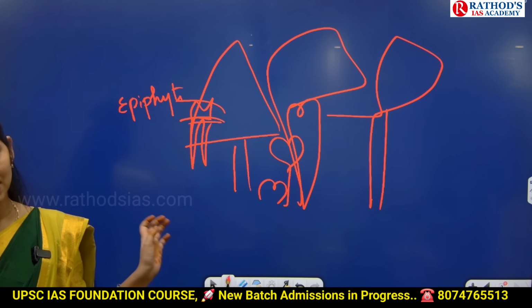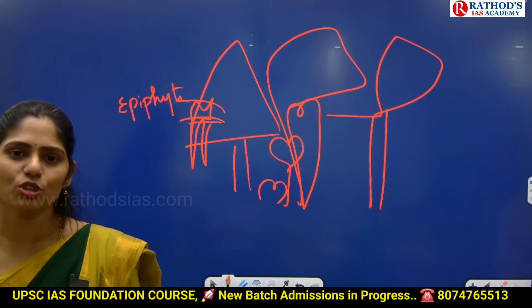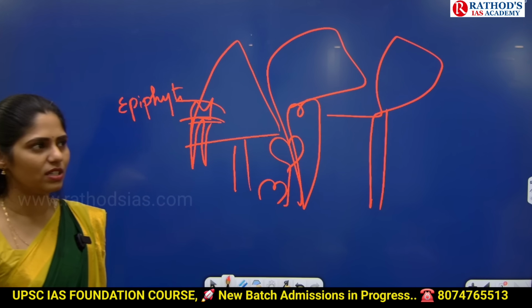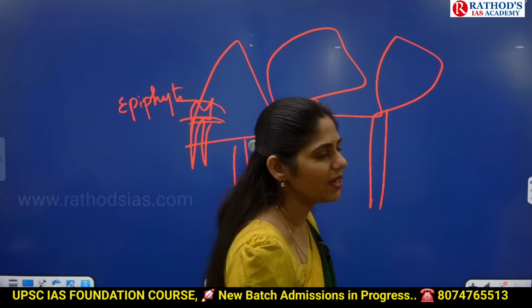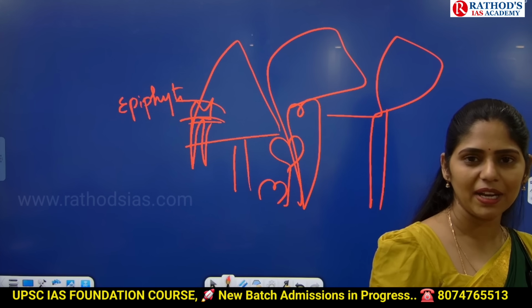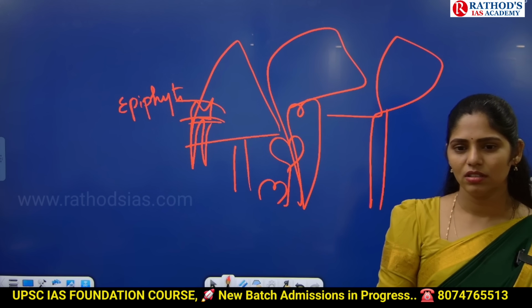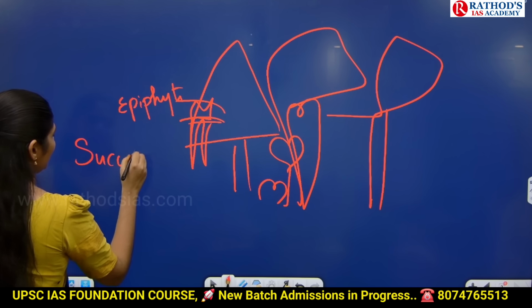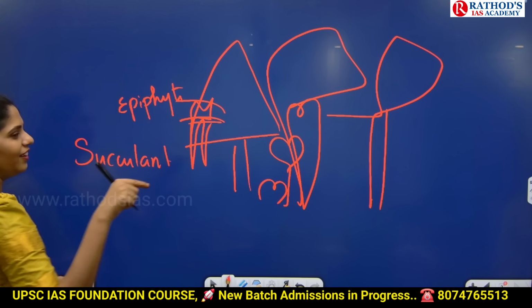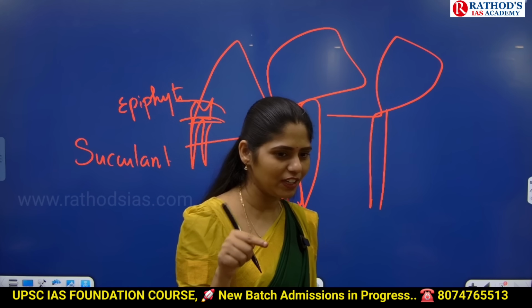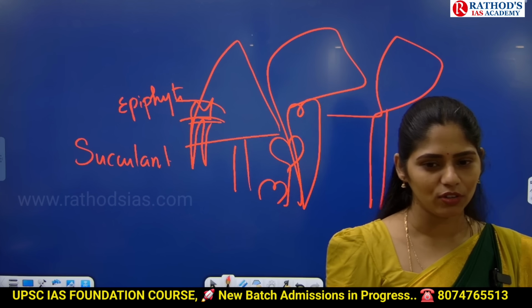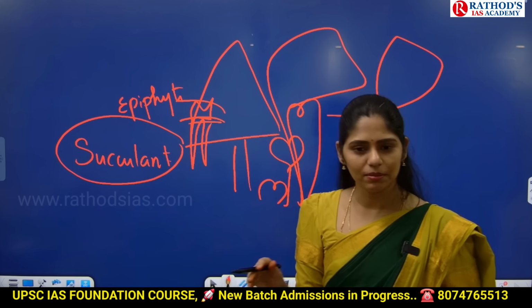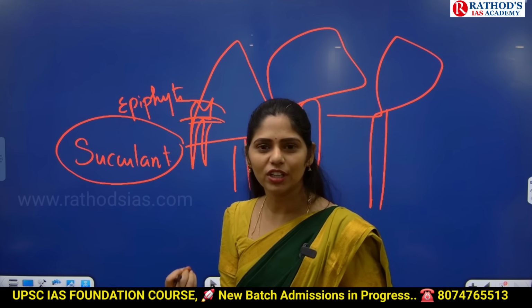On this, UPSC can ask you a question, and many times UPSC has asked questions on these adaptations. For example, to make you understand, you might have seen many desert plants. What are the main features of these desert plants? Cactus. They are called succulents. If you pierce them, water will come out. They are called succulents because they store water, because they will not get water every time.